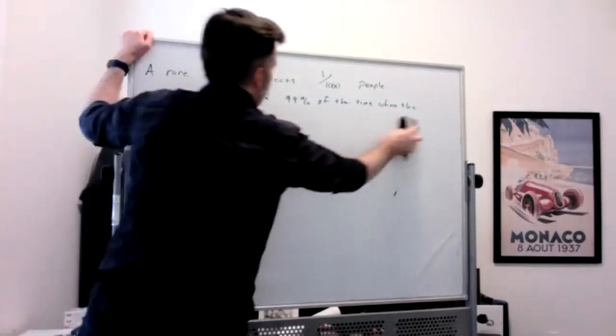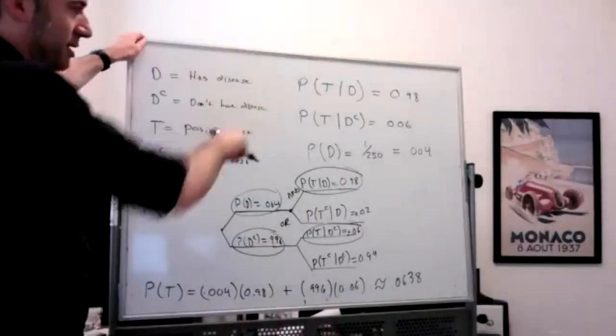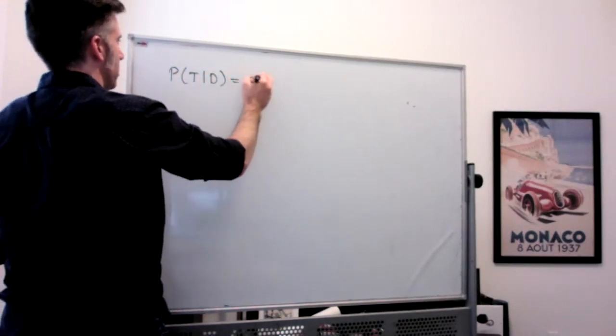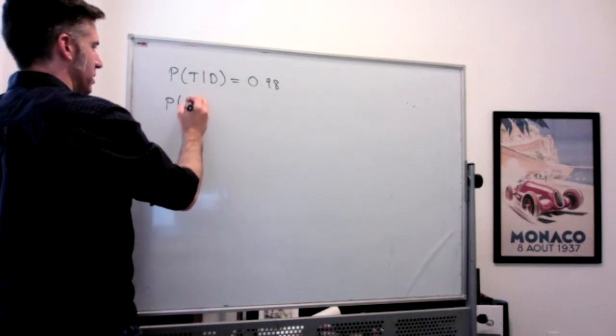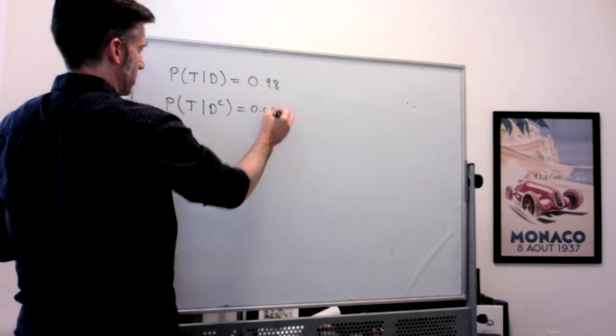So let's say we have the same situation, except for one thing that's different. We know that the probability of testing positive given having the disease is still 0.98. We know the probability of testing positive given that we don't have the disease is still 0.06.